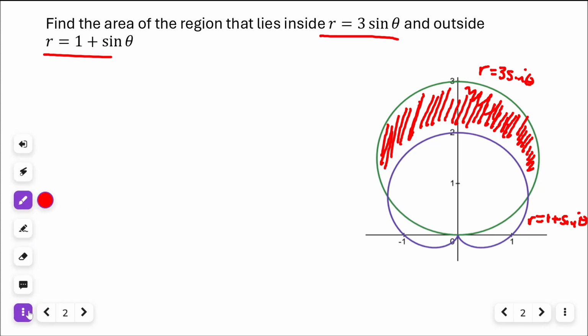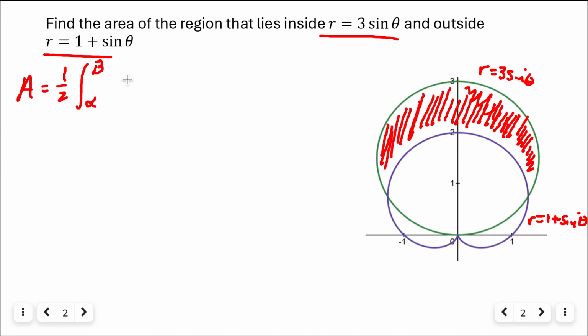Well, the only formula that I actually have to work with is I can find the area of a region by taking 1/2 the integral from alpha to beta of r squared d theta, right? That's how I can find the area of a region underneath a polar curve. So we have to use this formula as well as some puzzle solving abilities to figure out how to find this area.